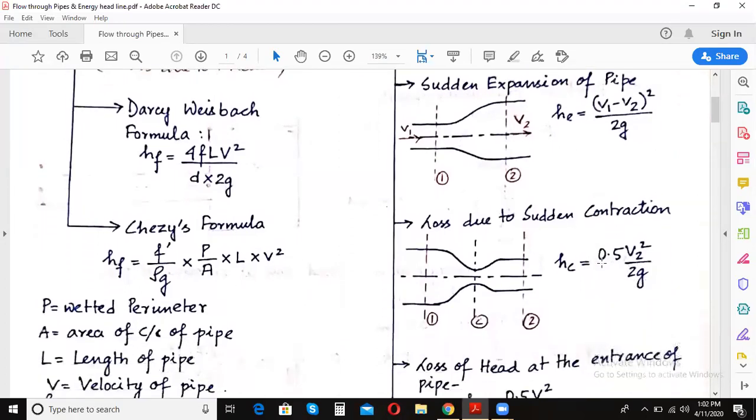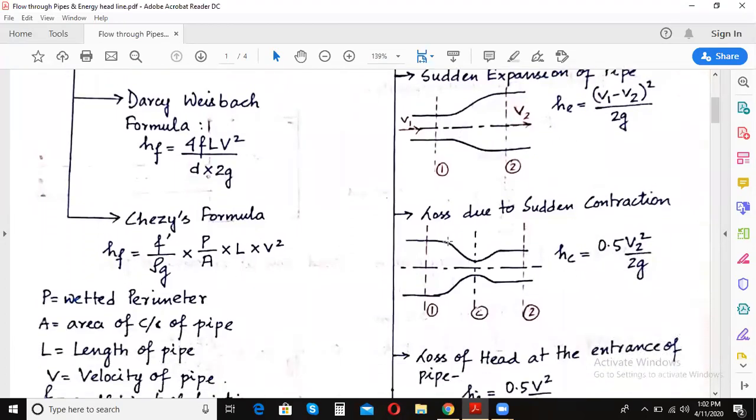So next case is the loss of head due to sudden contraction in the pipe. Now, if you observe this pipe, at a certain zone the pipe has undergone a certain contraction. What does sudden contraction mean? It means that there is a sudden change in diameter or area in the pipe, right?